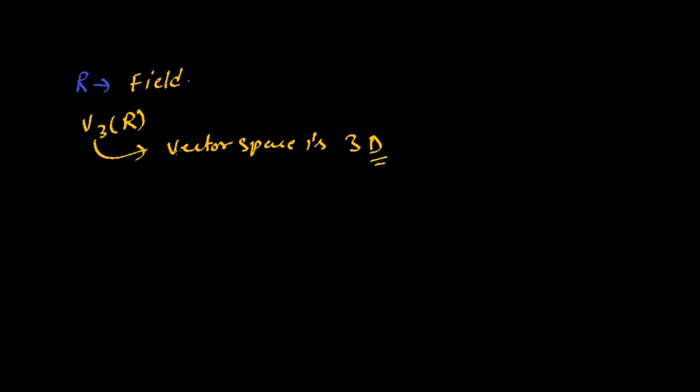So what will be the elements of these vectors? Our general element will be like (x, y, z), an arbitrary, general element of V3, where these x, y, z all belong to the field. So the entries of the vectors present in our vector space will be from the field.